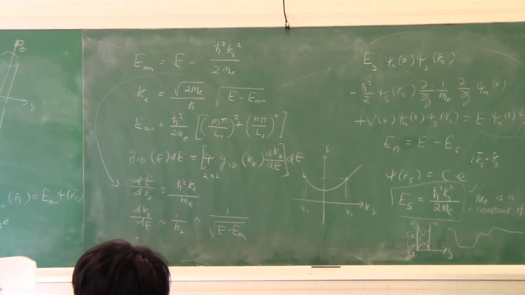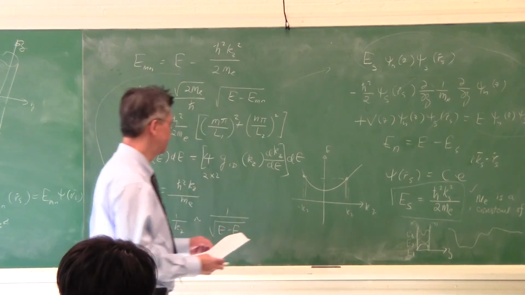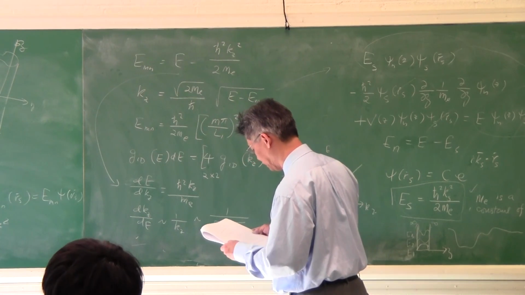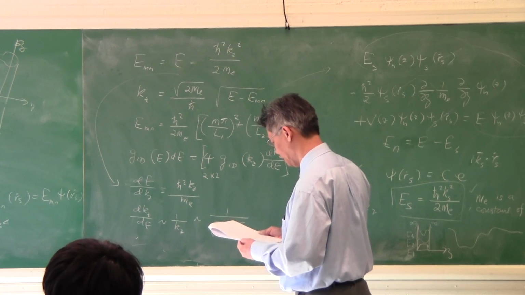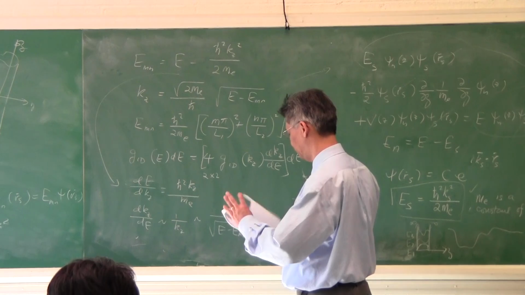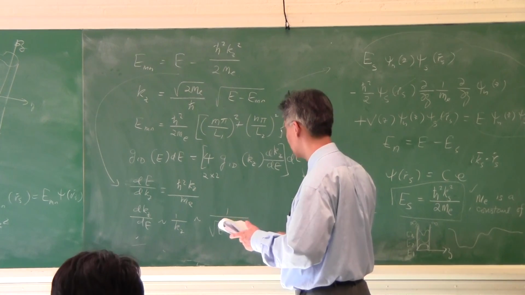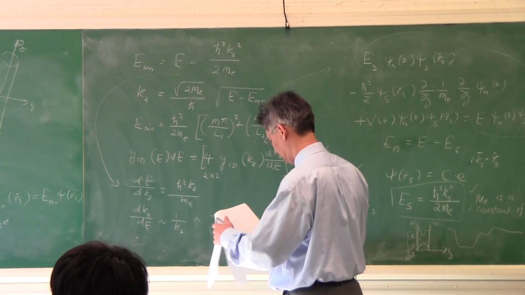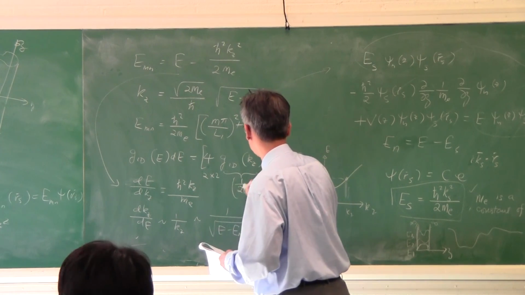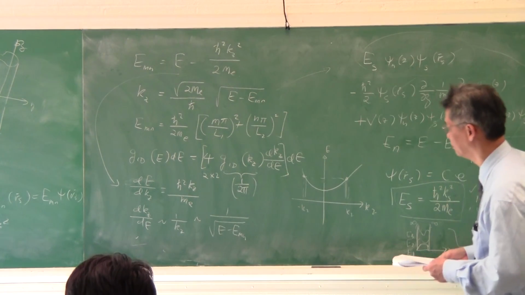The distinguishing feature is that this thing is a constant in one dimension. We figure out what G1D is. G1D, we did the 1D case previously. G1D of Kz was given to be just 1 over 2 pi, right? Just 1 over 2 pi. Remember we did this density of states in the k space, it was just given to be that.